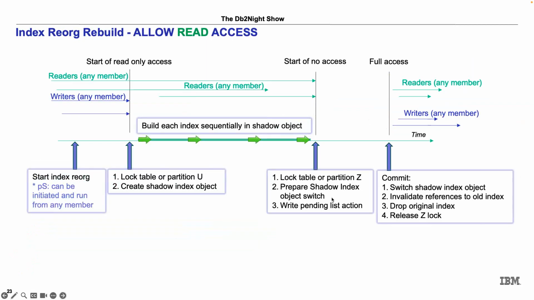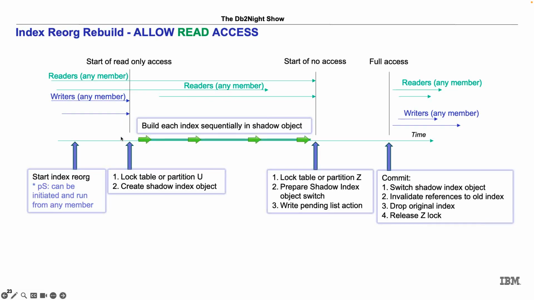So this process starts with the REORG INDEX ALLOW NO ACCESS, ALLOW READ ACCESS command, which can be initiated from any member. Like mentioned before, clients can connect in pureScale to any member. So we begin in a read-only phase where readers across members continue unaffected, right?